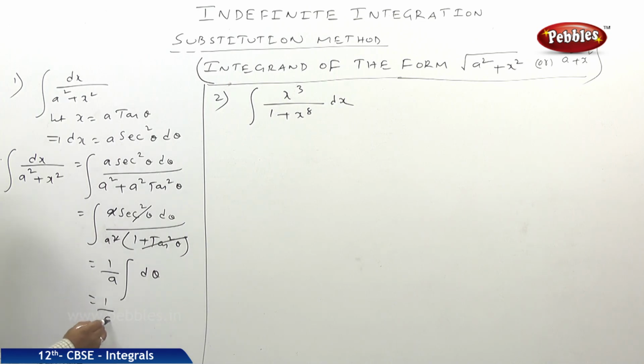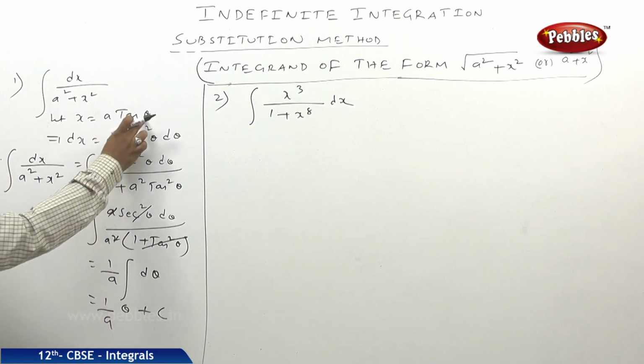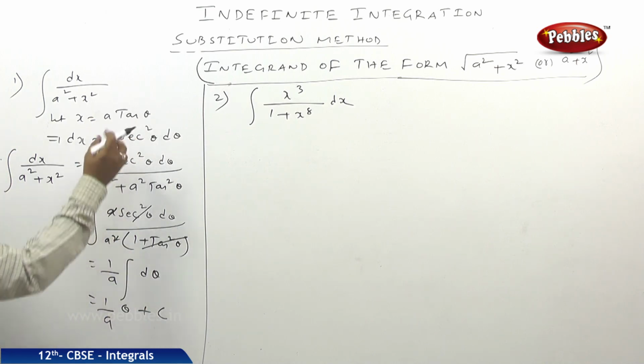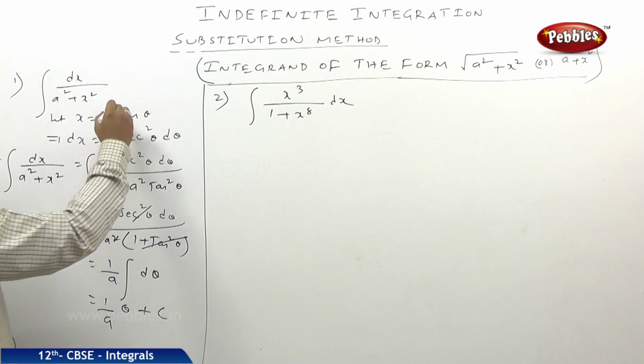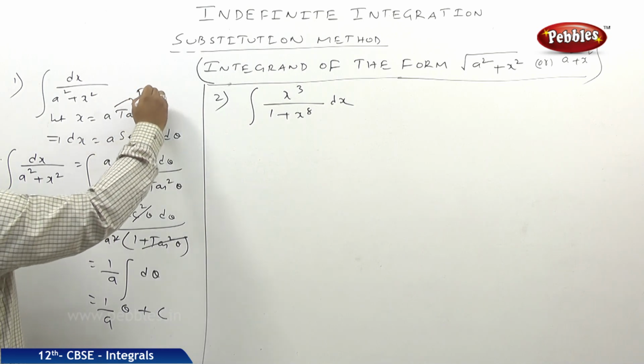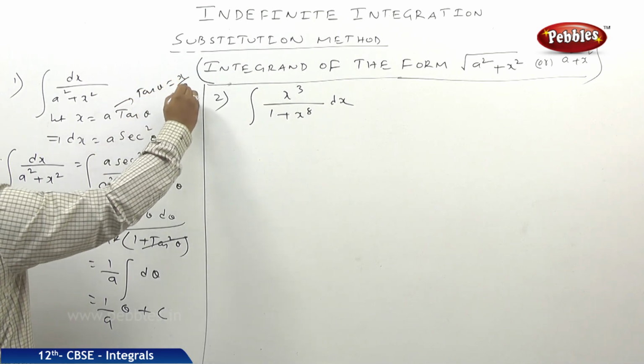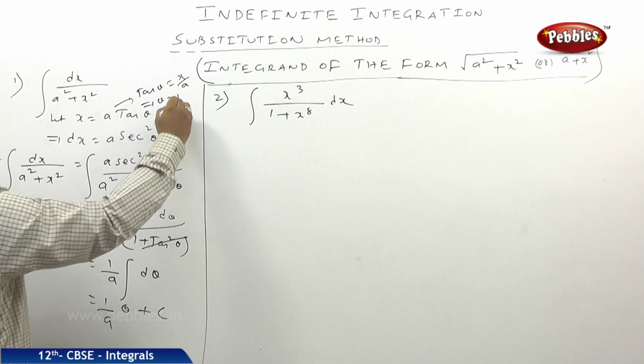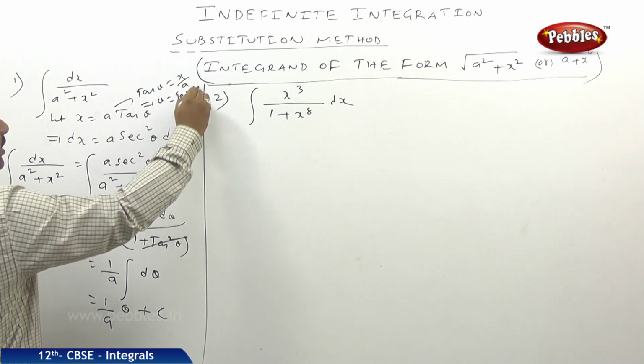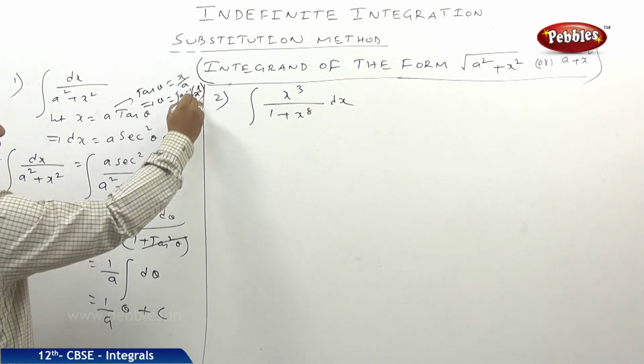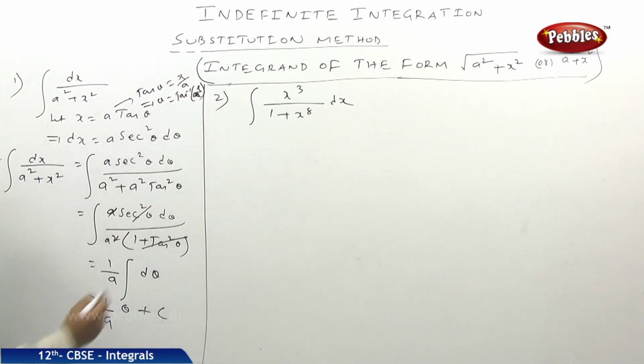So what happens, 1 by a integral of d theta is always theta plus c. But theta is nothing but tan inverse of x by a, because from this I can write tan theta is equal to x by a. That implies theta is equal to tan inverse of x by a. I think it is clear, little bit blurred, but try to adjust.